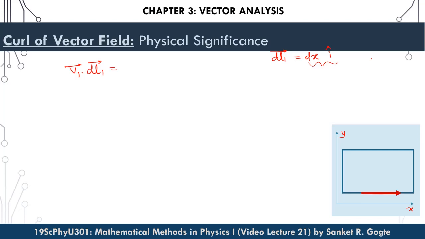What we know is x component of the vector at the center is equal to vx. We want to calculate the x component along this path, along this infinitesimally small vector dl1. Therefore this v1 dot dl1, let me write it like this: v1x times dx, this is not a vector anymore, where v1x is x component of the vector along this first infinitesimally small line segment dl1.